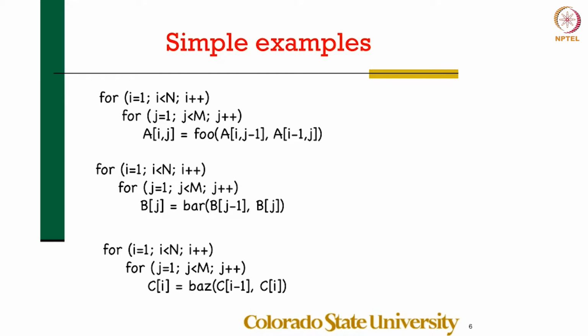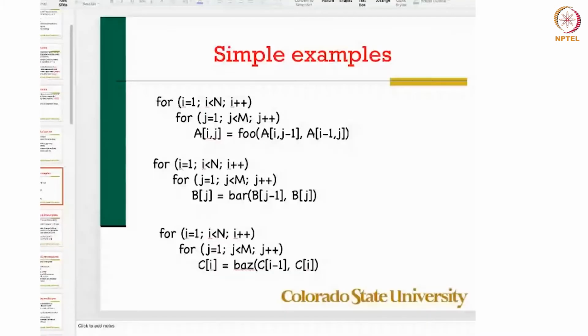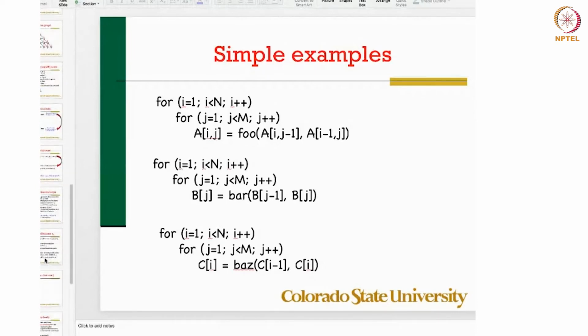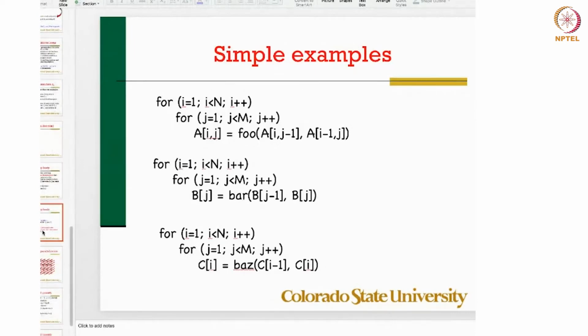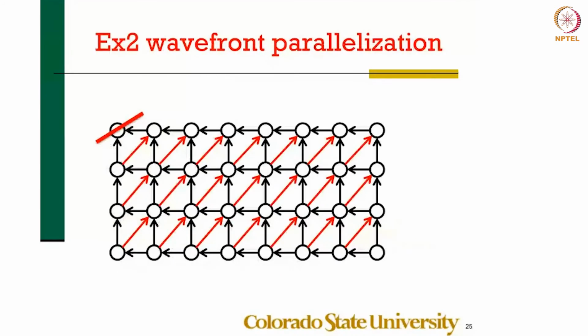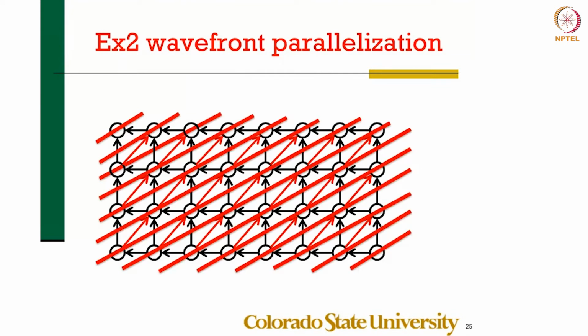So now I'm going to show you what we can do with that last example that we had. Remember the second example, we had this extra dependence that was based on the memory, and we chose this schedule then.